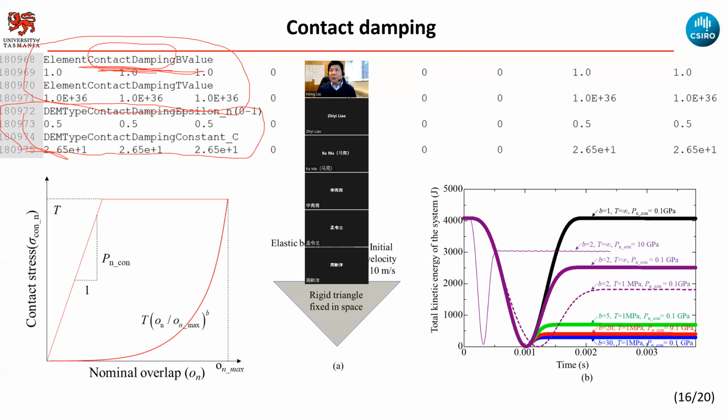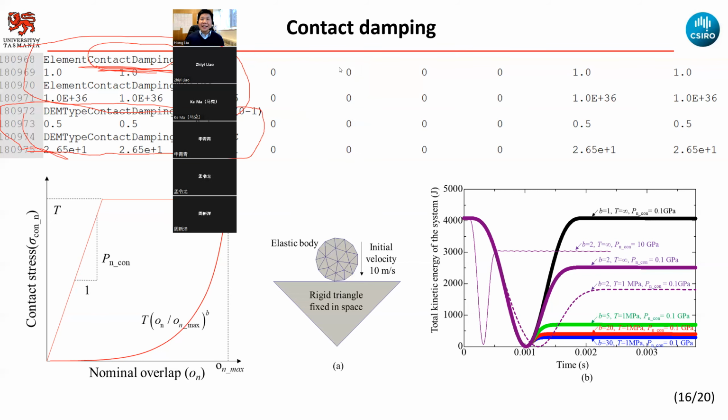The concept we introduced is that when we have contact, we follow this linear line. When we have detachment, we follow this other line, so you will see a loss of energy.